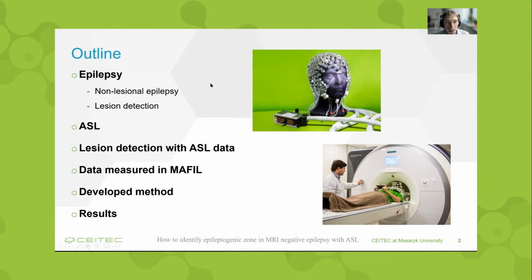So my talk will be about epilepsy and arterial spin labeling and about a developed method for use of arterial spin labeling data for identification of epileptogenic zone.